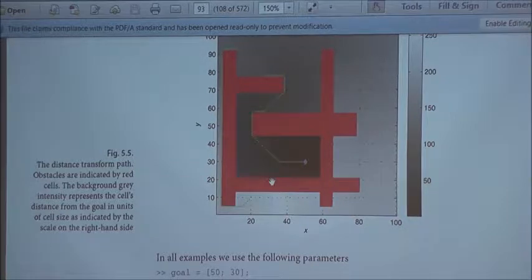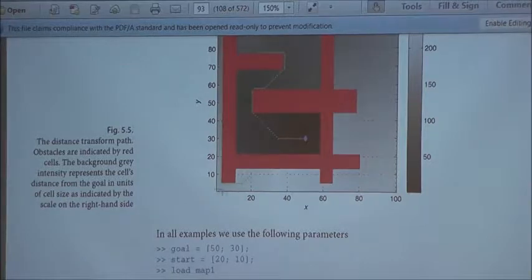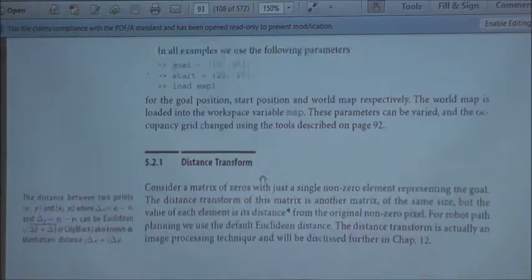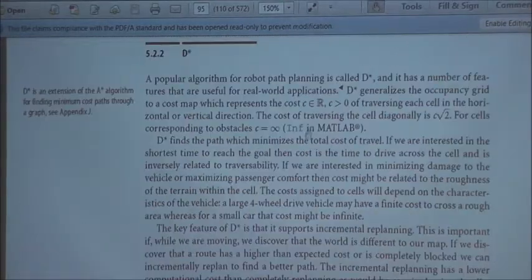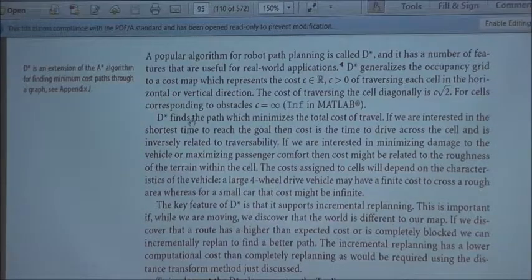It's the red part of the graph. So that's what it's talking about. Therefore, from here you can go the cheapest route. D star finds the path which minimizes the total cost of travel.